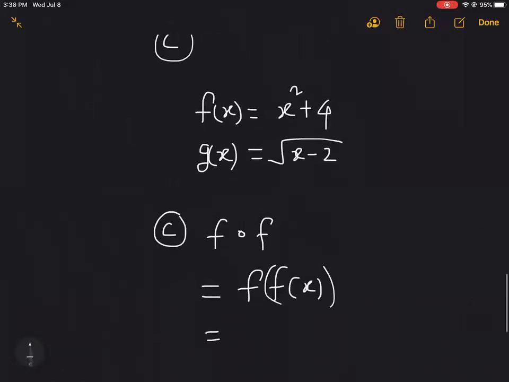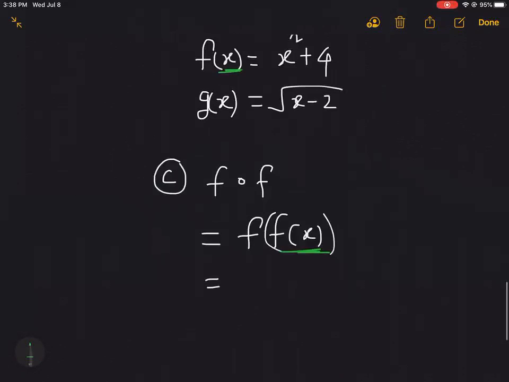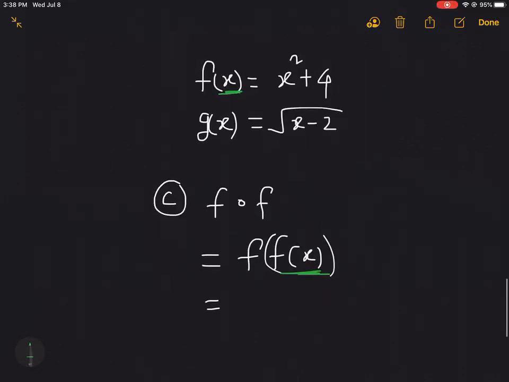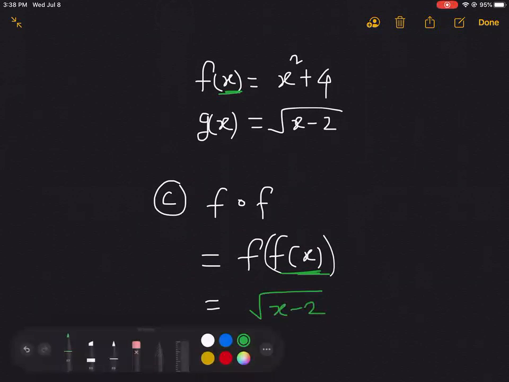So we'll replace our x by f of x, okay? Wherever we have x, we need to replace that x by f of x. So let's try and do that. In place of x squared, we will actually now use x minus, oh, sorry, my bad.